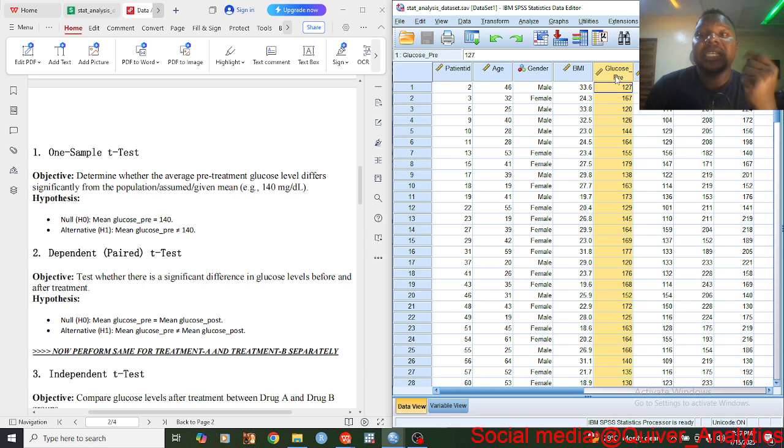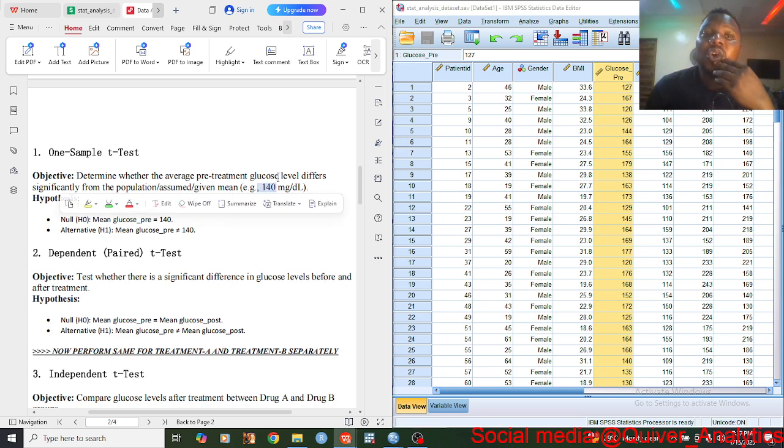We've seen that the glucose level of this population is probably high, 140, and so let's test if truly the average is 140 or not.